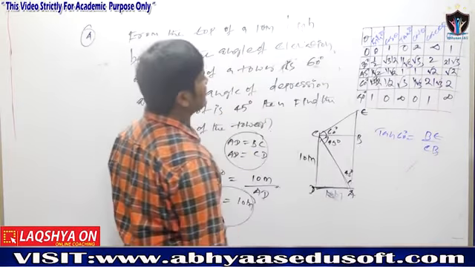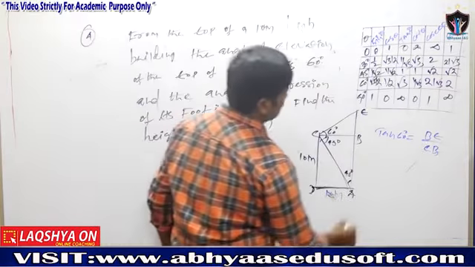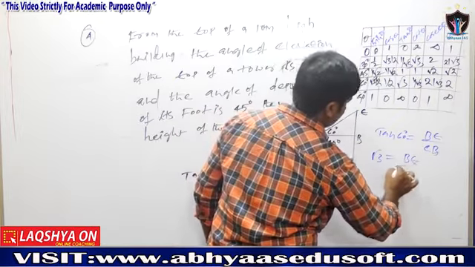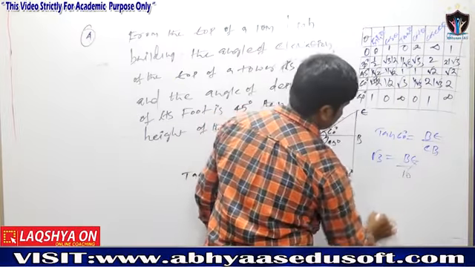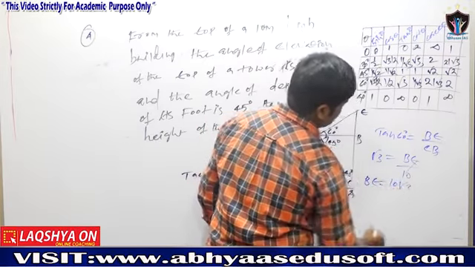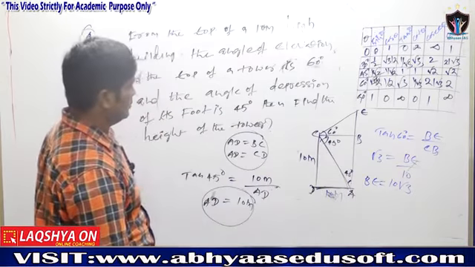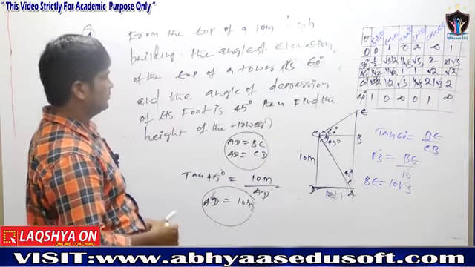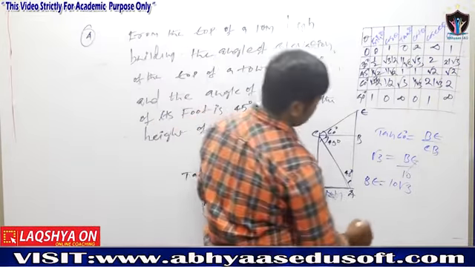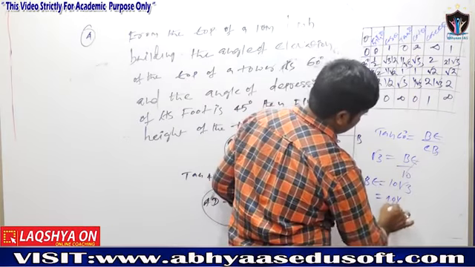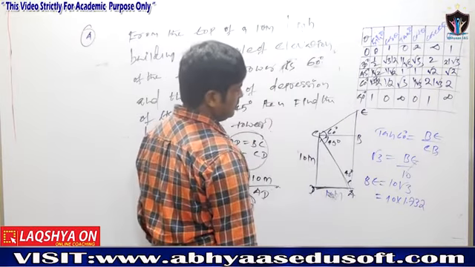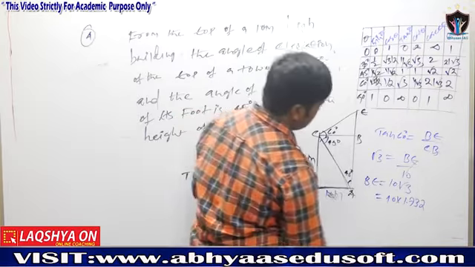So tan 60 is equal to root 3, so root 3 is equal to BE by CB, CB is equal to 10, so BE is equal to 10 root 3. So 10 root 3, so 10 into 1.732.